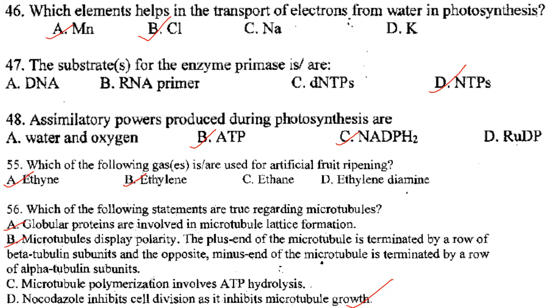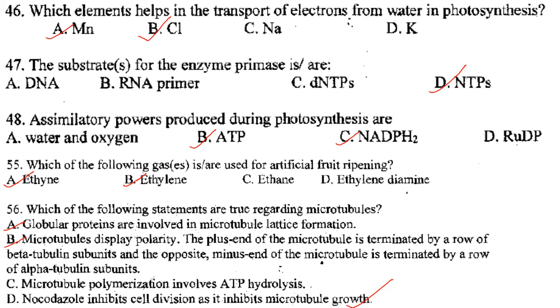Then which of the following statements are true regarding microtubules? So globular proteins are involved in microtubule lattice formation. Yes. Then microtubules display polarity. Thus, the plus end of the microtubule is terminated by a row of beta tubulin subunit, and the opposite minus end of the microtubule is terminated by a row of alpha tubulin subunit.